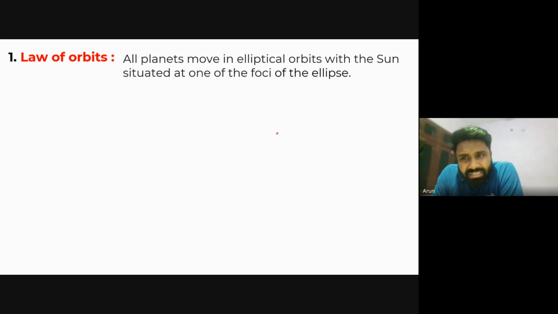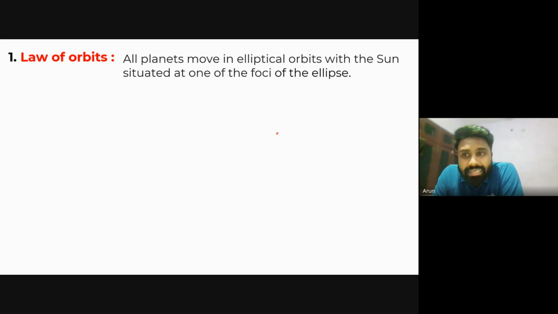But in the previous observations, all the models were based on the statement that if a planet is revolving around the sun in the solar system, it must take a trajectory which is circular in nature. Okay. But Johannes Kepler paid more attention to it, and he came up with a conclusion which is named the law of orbits.